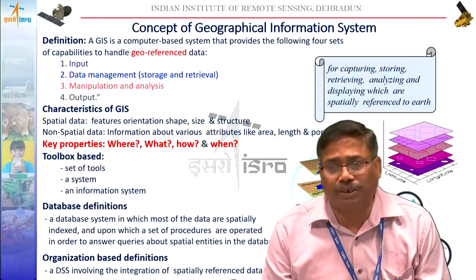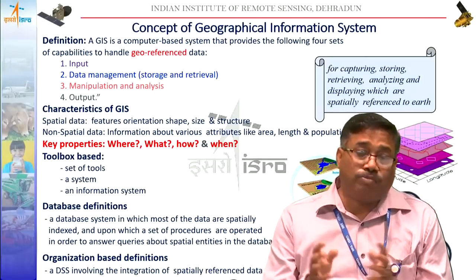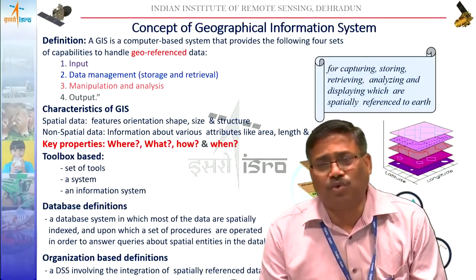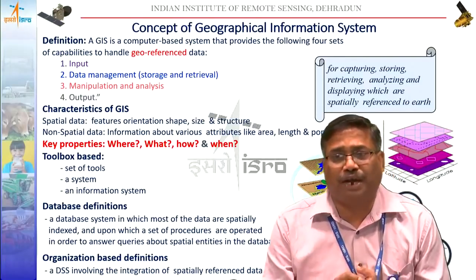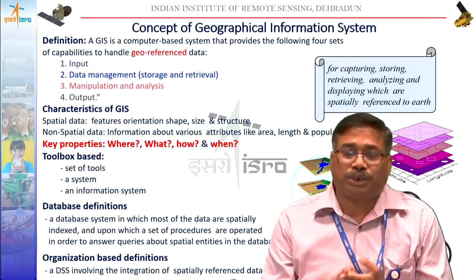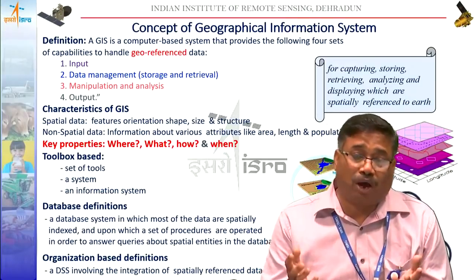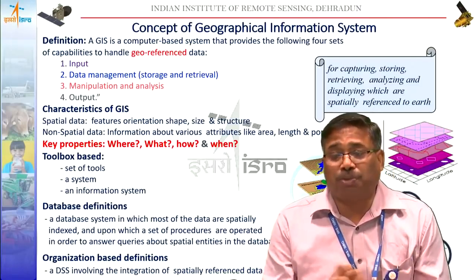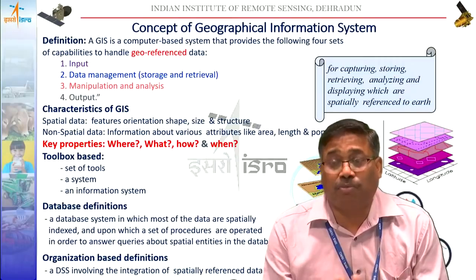Now I'm not going into the details of GIS, but I would like to mention that whatever data you are trying to create, GIS supports two types of data. One is raster data, another is vector data. Raster data talks about pixels, grids of rows and columns, equally spaced, properly a mosaic.